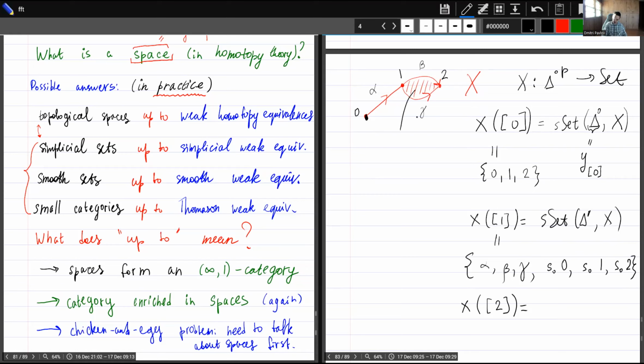Let me call it sigma. But there is more. A 2 simplex can be mapped in such a way that its image lands inside one of these 3 vertices. This is called a 0 simplex degenerated twice.